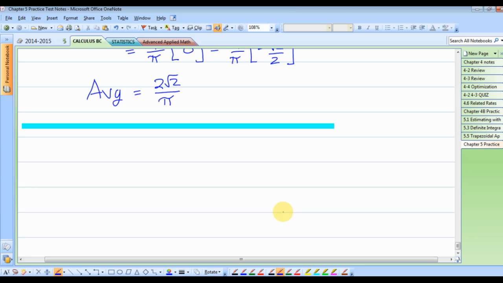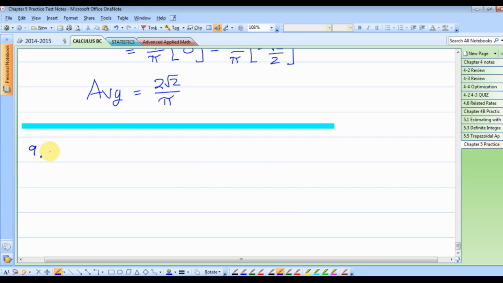When you turn that to an LCD, that's 2 pi over 4 minus pi over 4. Got it? Awesome. Number 9.